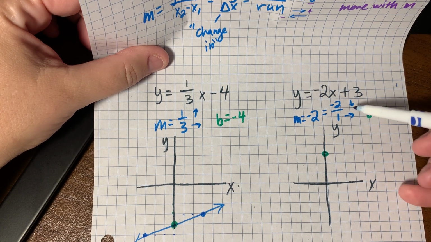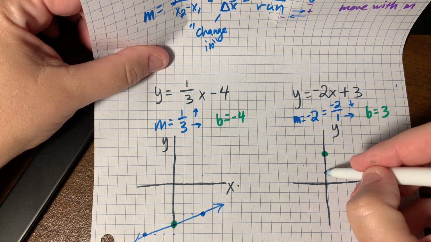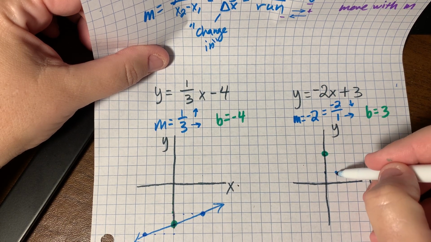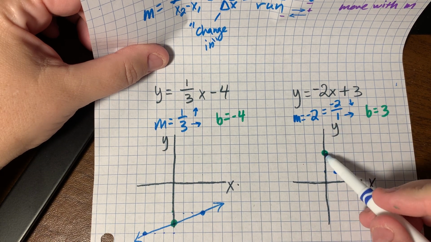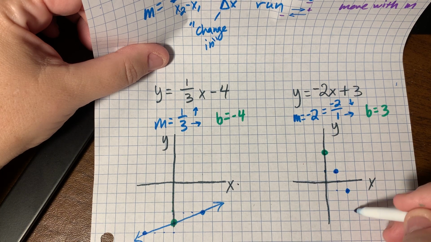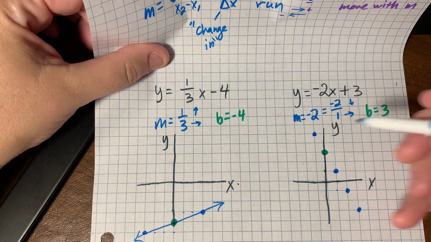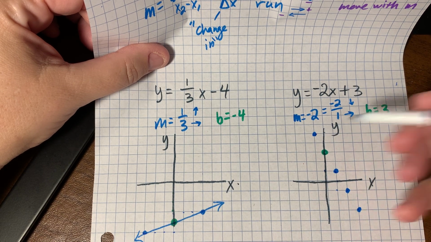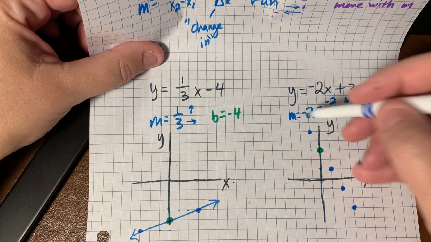And then I'm going to move using my slope, down 2 and then over 1. So once you have your y-intercept, apply the slope from that point. You can keep going with the pattern. You can also go back, right? You can go up 2, back 1, because it's really the same as going down 2 over 1.